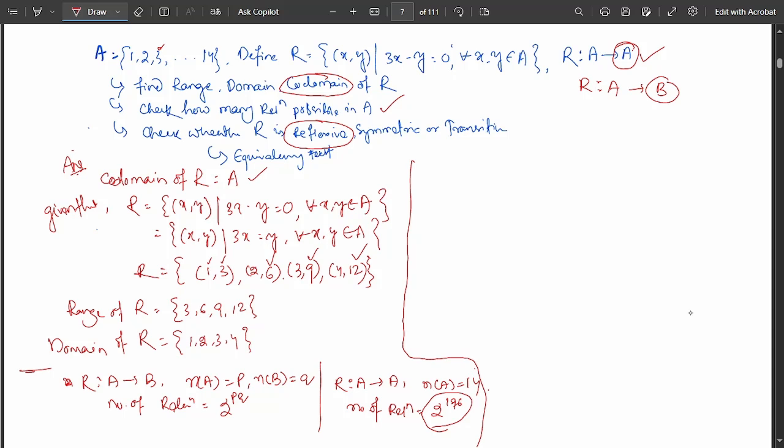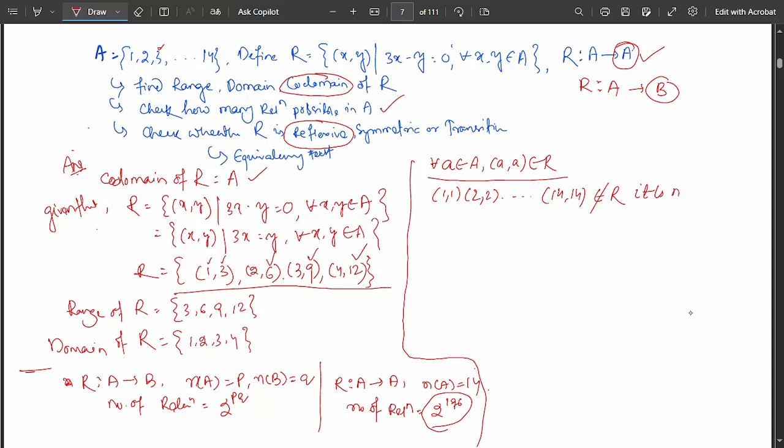We say a relation R is reflexive if for every a belongs to A, the ordered pair (a, a) is in R. But here it is clearly seen that we have no (1, 1), (2, 2), (3, 3), (4, 4), (5, 5) or (14, 14) in R. These do not belong to R. So R is not reflexive.